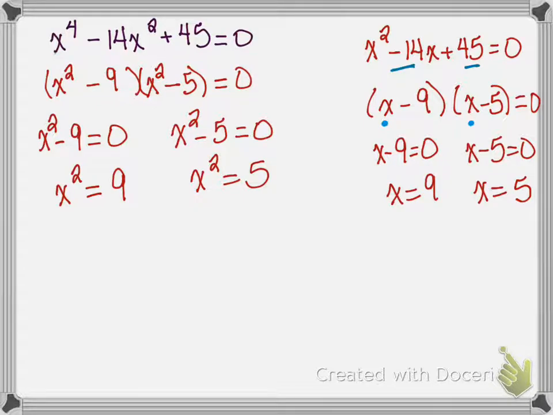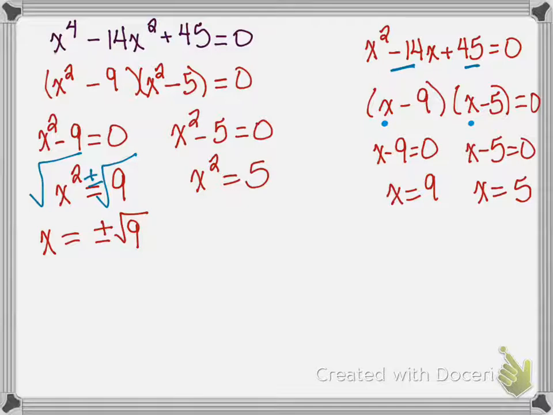Yes, you're going to take the square root of both sides. So I'm going to take the square root and the square root. But what do I have to do with that square root on the right-hand side? What do I have to put in front of it? Excellent. I've got to put the plus or minus. So my answer ends up being x equals plus or minus the square root of 9.